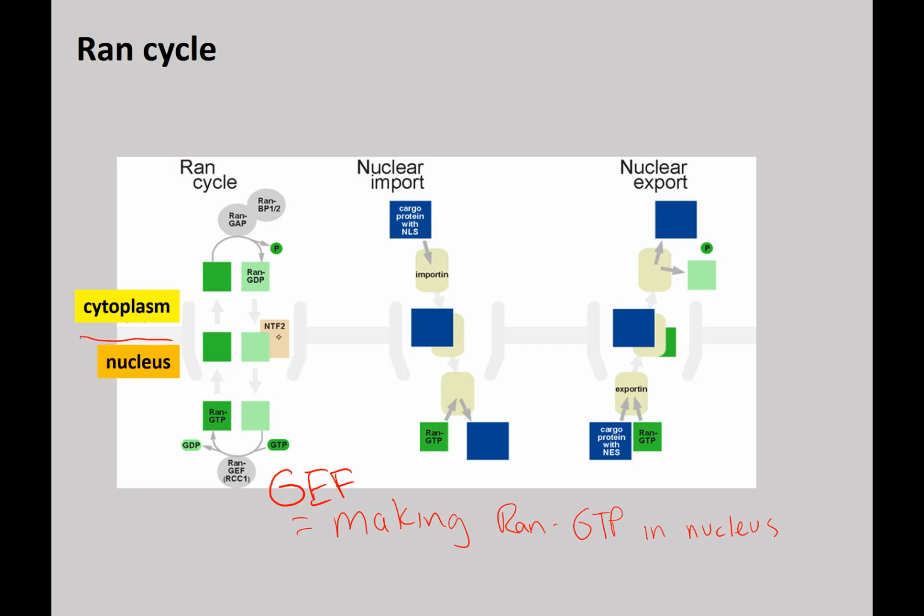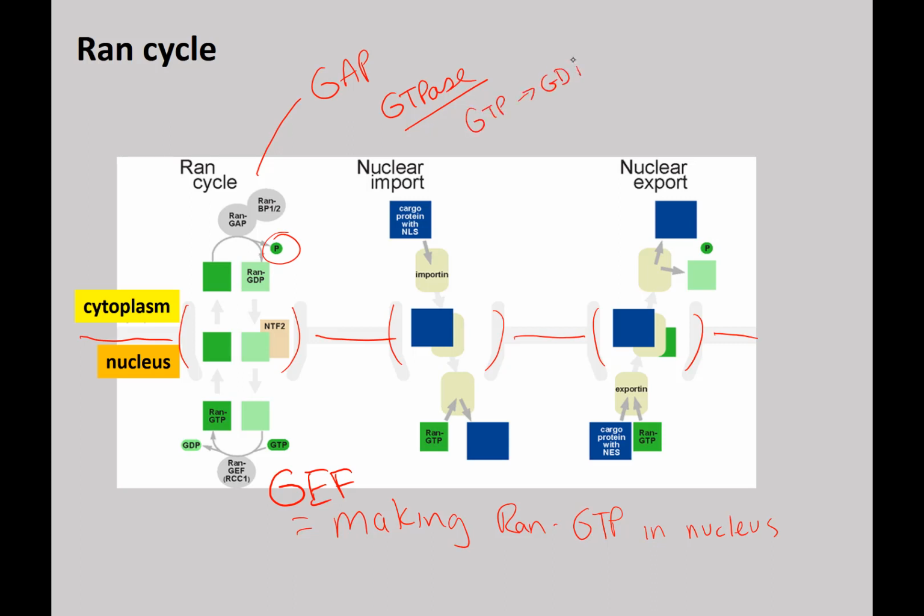In the cytoplasm, so this is our nuclear membrane and our pores. Okay. In the cytoplasm, you have something called GAP, right, which is a GTPase protein, which means it hydrolyzes GTP to GDP, releasing that energy.